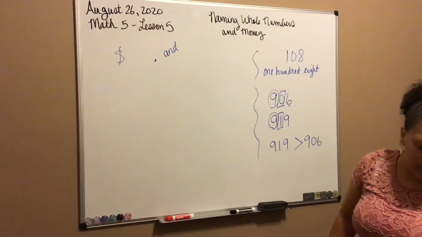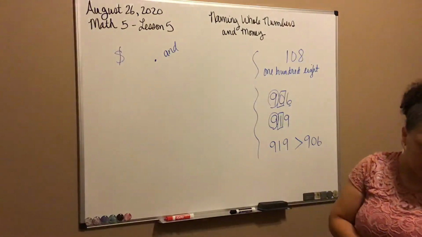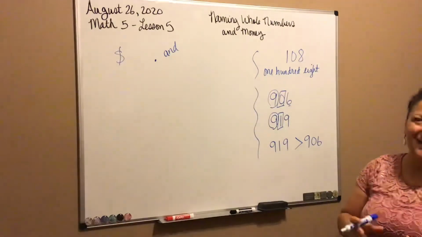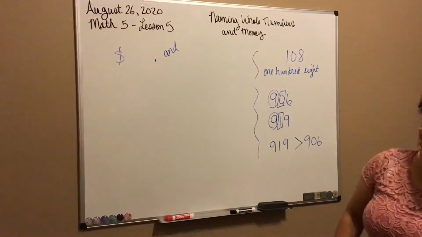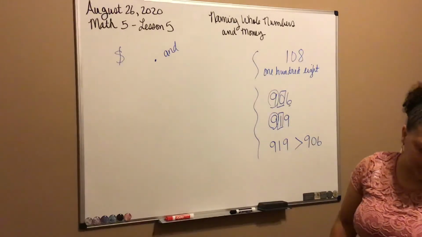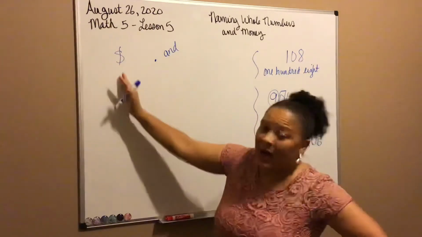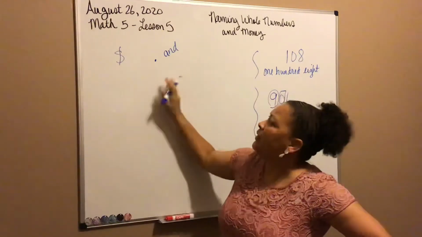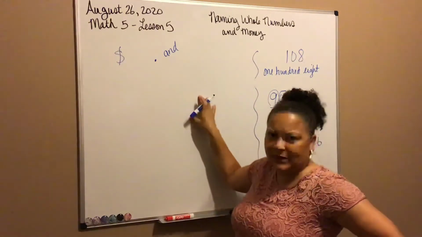So to name the amount of money, we first name the whole number of dollars, right, and then we say and so much cents, right? So the decimal point separates the amount of dollars that you have, whole dollars, from the fractions of a dollar or portions of a dollar.